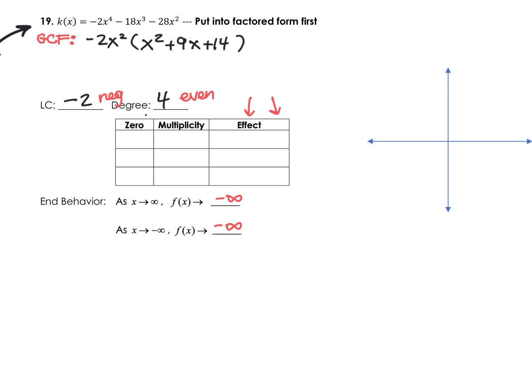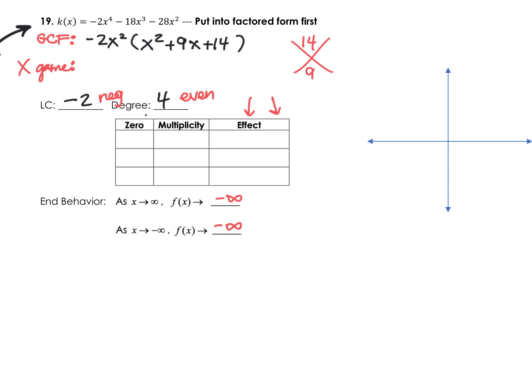You are not done, however, because you need to factor the trinomial. So the one that's inside the parentheses. So you're going to play the X game. Two numbers that multiply to 14 and add to 9. I told you it wasn't going to go away. It will be here all year. Okay. What is that?